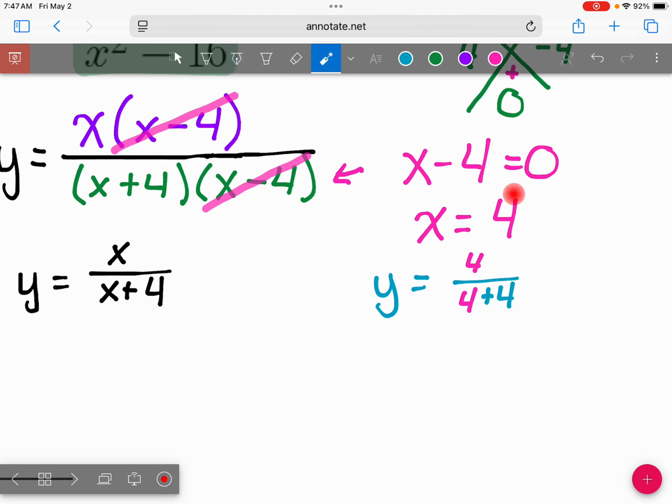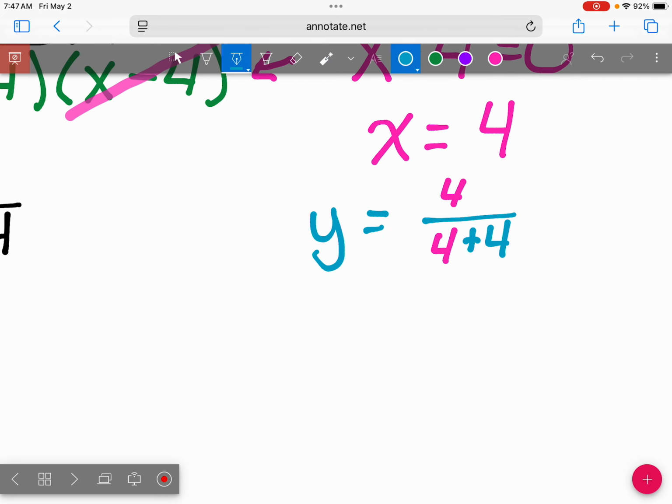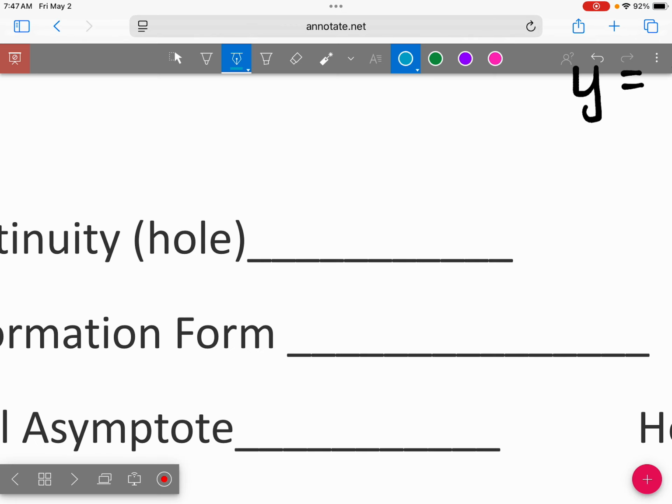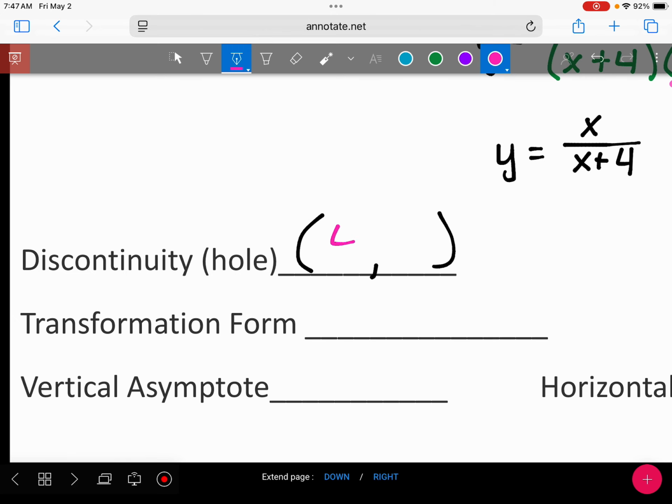But substituting this 4 from our x minus 4 into both x's, we get y equals 4 over 8, which is the same thing as 1/2. So our discontinuity is going to happen at the point 4, 1/2.